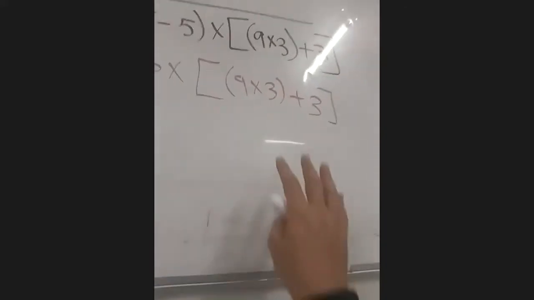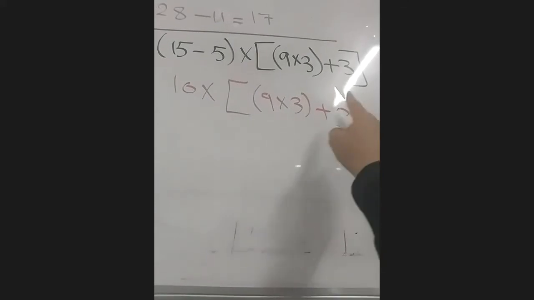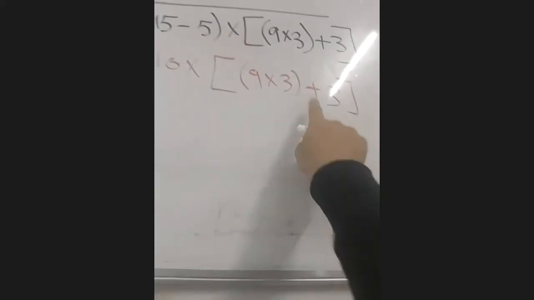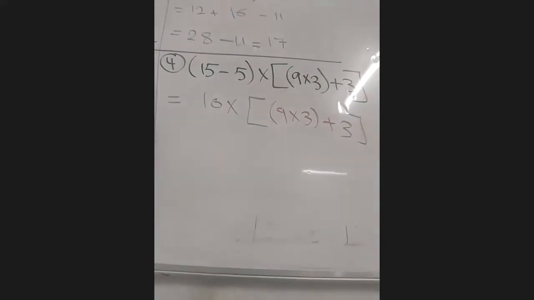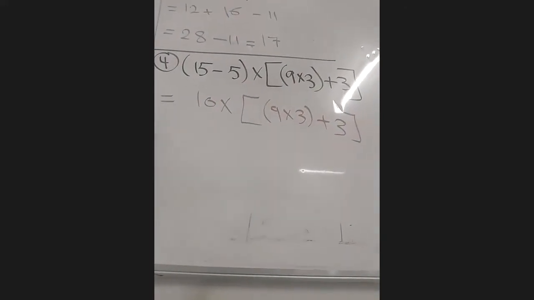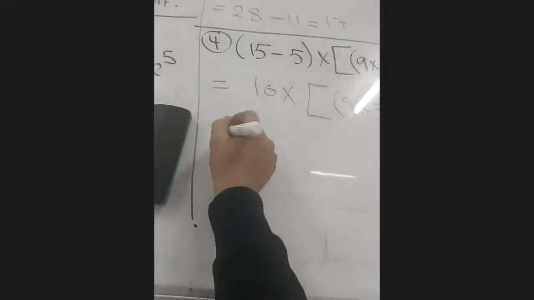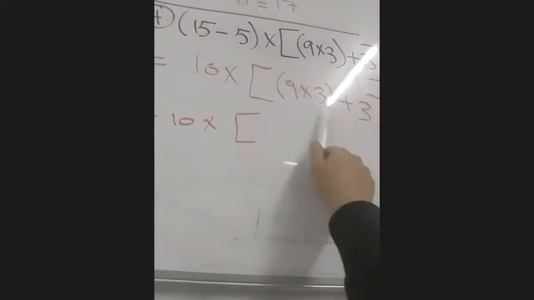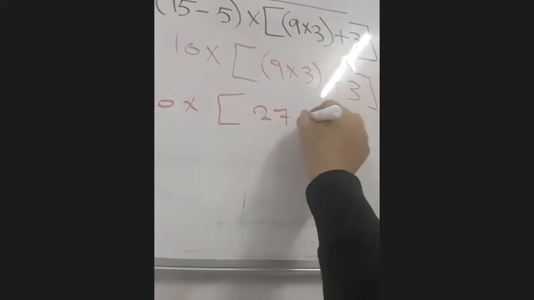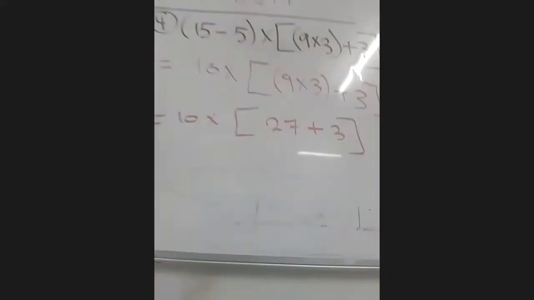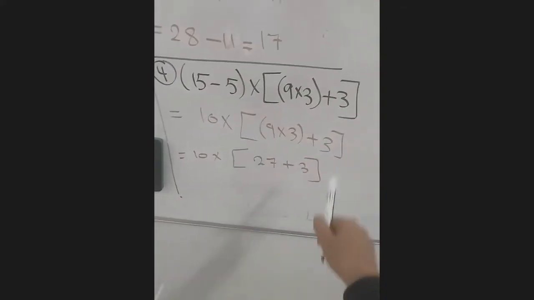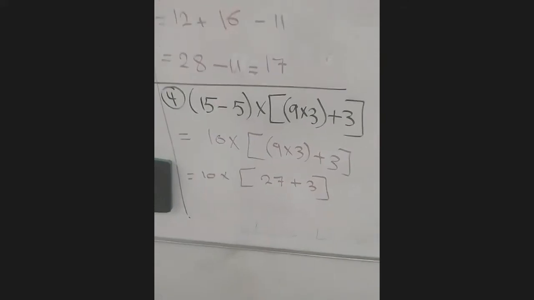So let's do this one. Inside the big bracket, we have bracket and addition. What will we do first? We will multiply first. So this equals 10 multiply 9 multiply 3, 27, right? Plus 3. Look here, the big brackets come down because I didn't finish it yet, right?